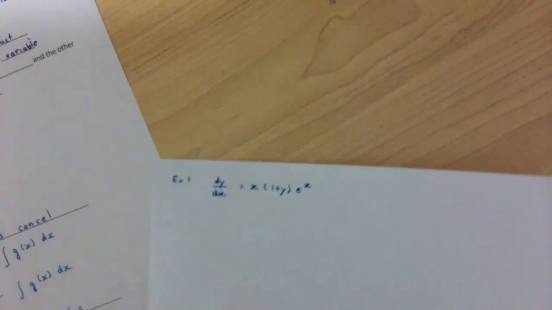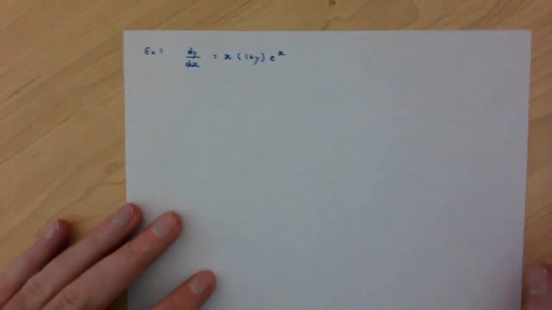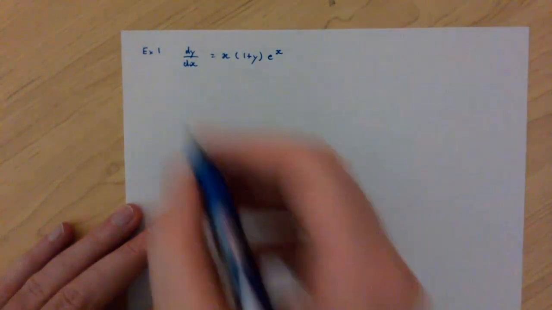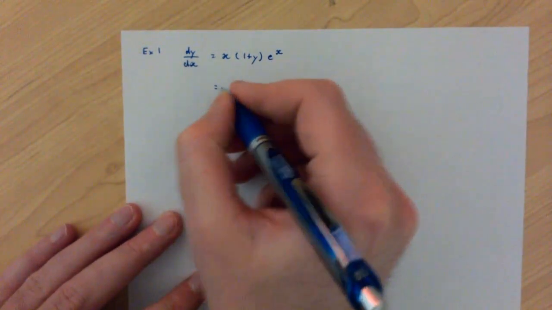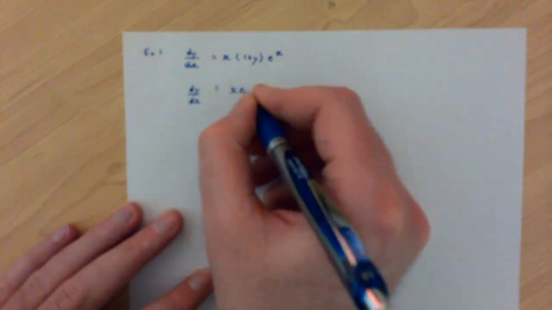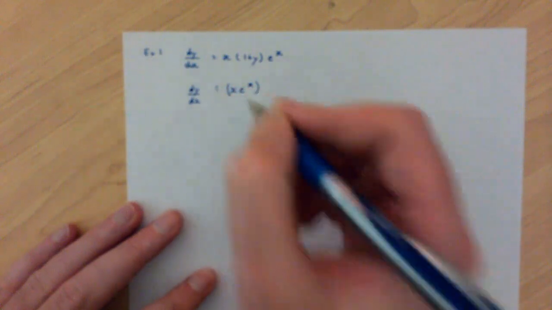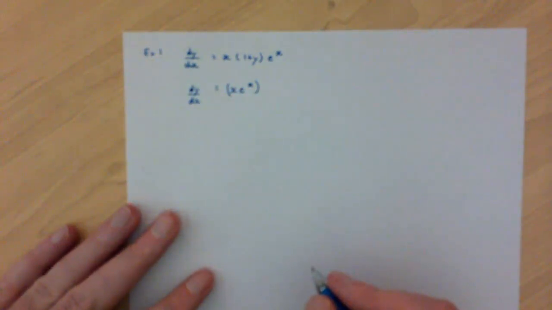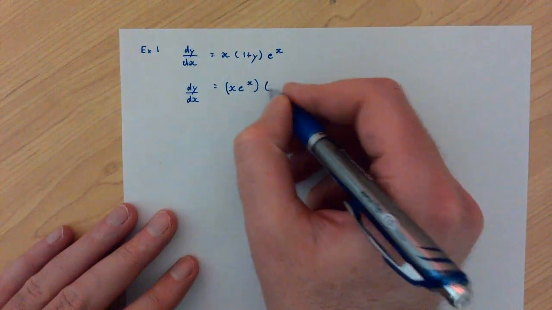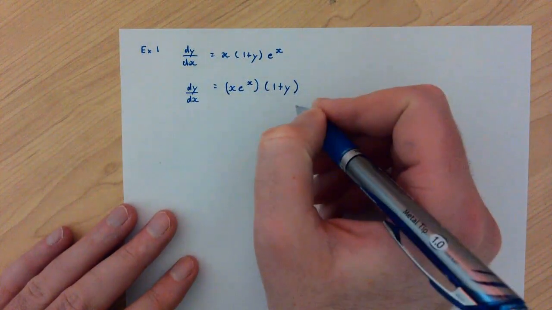Okay, so that's my first example, and let's have a look at how we might do this. So I need function of x times function of y. So the function of x is going to be x e to the power of x, and I'm going to put it in brackets so we can clearly identify that. And then the function of y is going to be 1 plus y, and that's already in brackets.